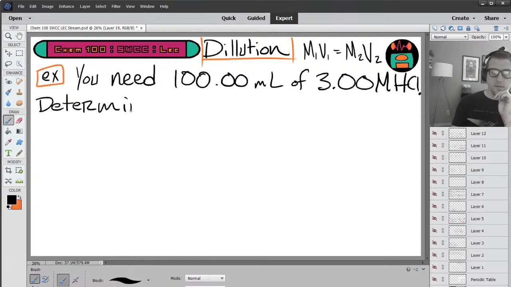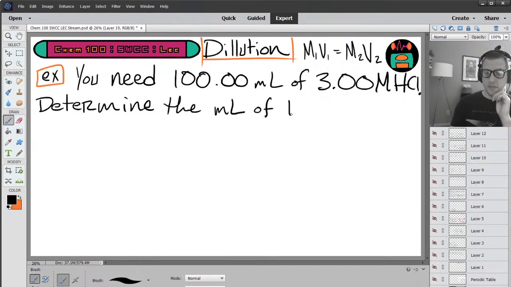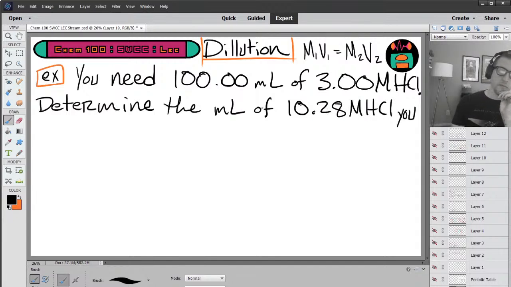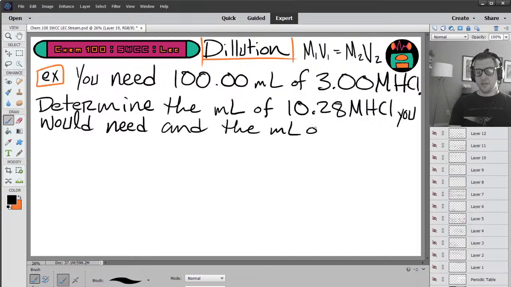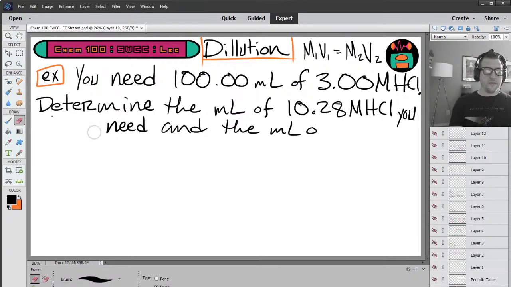Determine the milliliters of 10.28 molar HCl you would need to use, and the milliliters, sorry, hang on. Let me save that for the very end.